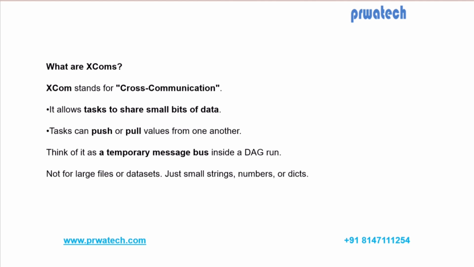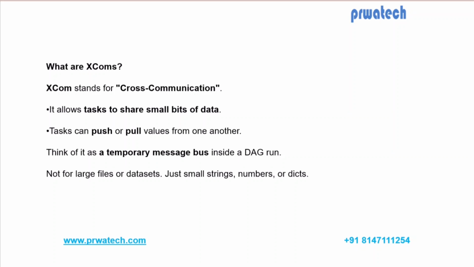It is used in a scenario where task A fetches data from an API and shares a status with task B. Task B checks the status and only continues if it is success.